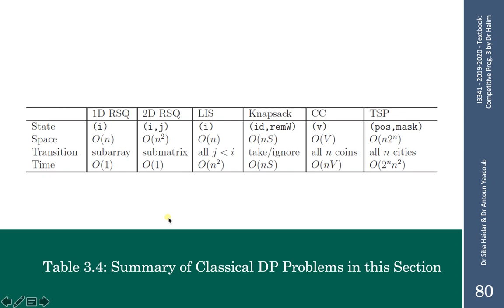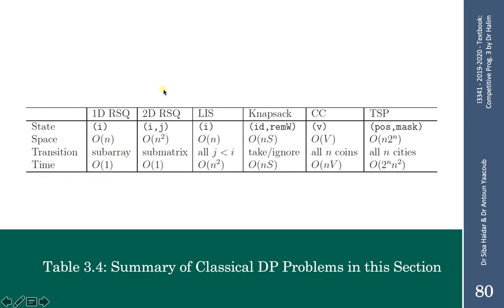At the end of this section, we present table 3.4 from the textbook, which summarizes the 6 classical DP problems studied and the information for each one: the range sum query, its state, the space, the transition, and the time complexity for each.